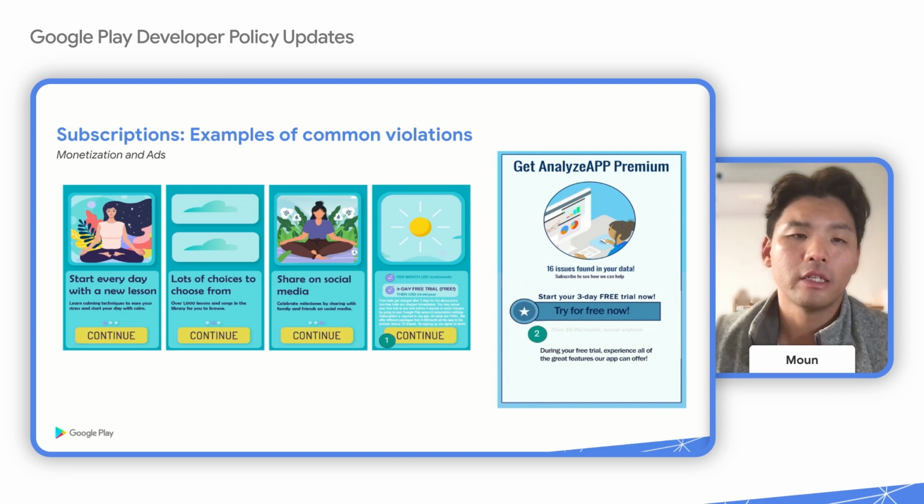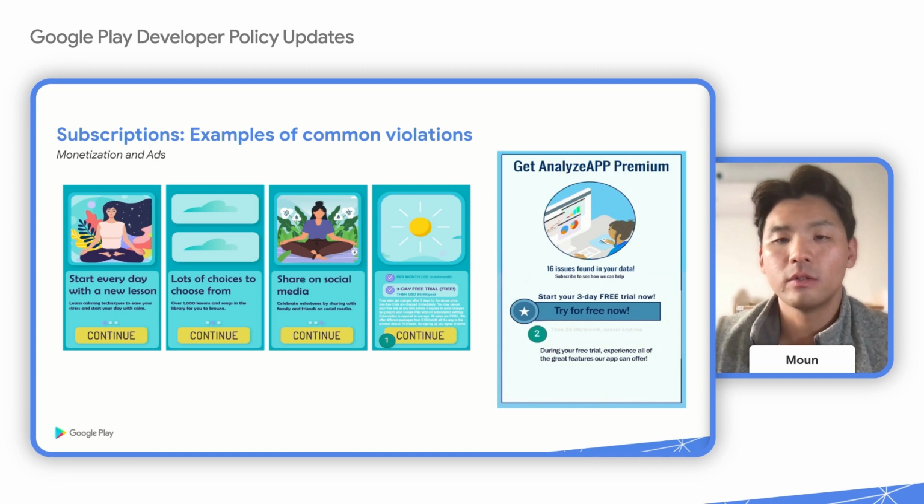Here are some common violations. The first violation is showing multiple screens in the purchase flow that lead users into inadvertently clicking the final continue button to subscribe. The second violation is leading users to think that the plan is free by making the cost that users will be charged after the trial hard to read.